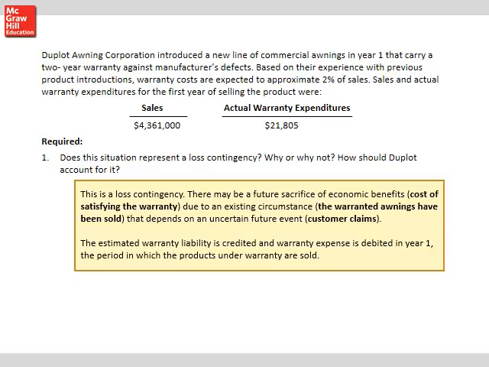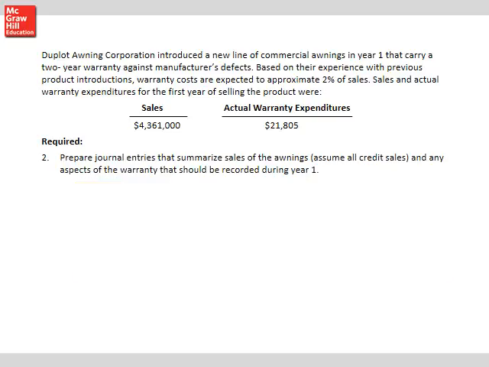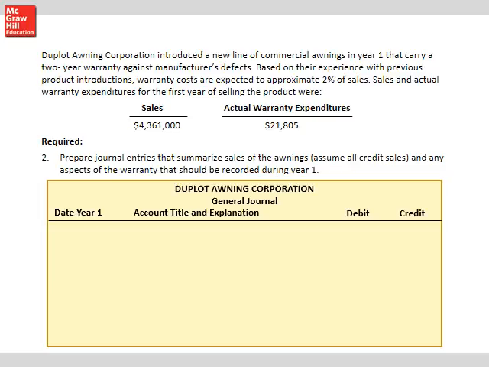All right, number 2, prepare the journal entries that summarize the sale of the awnings, assume they are all credit sales, and any aspects of the warranty that should be recorded during year one. Okay, the first thing we're going to do is debit accounts receivable.